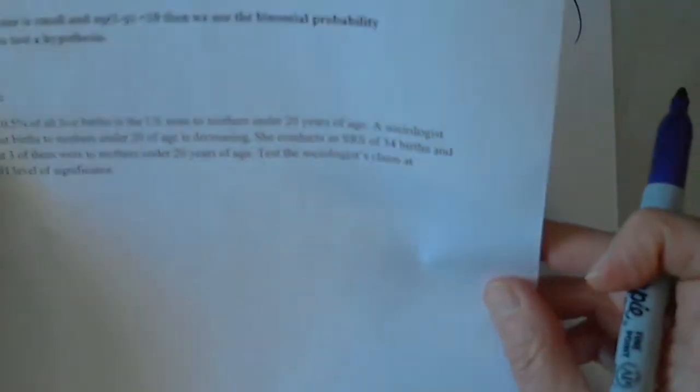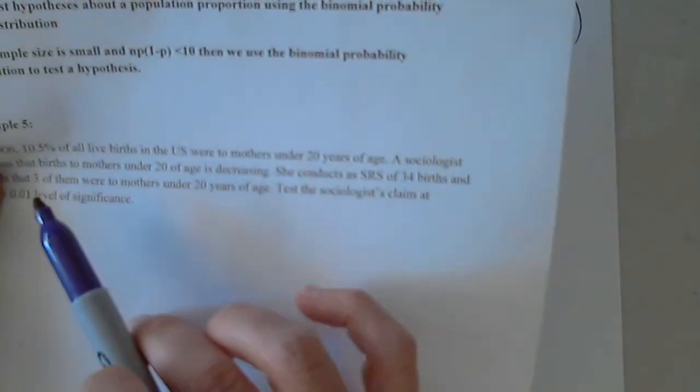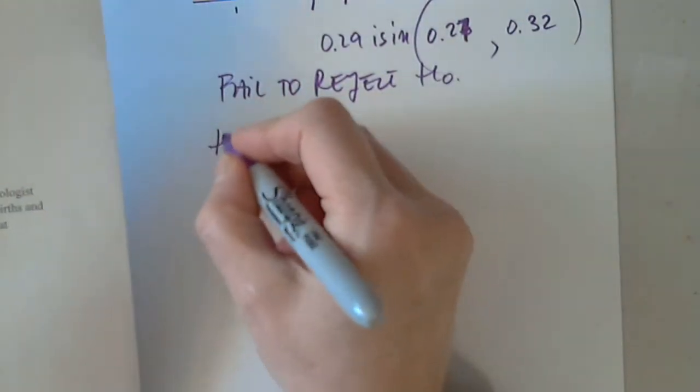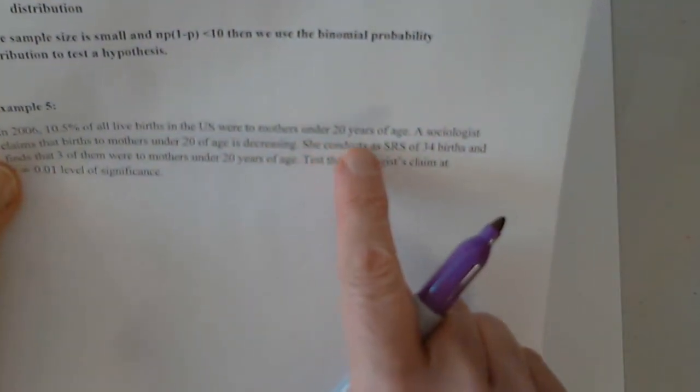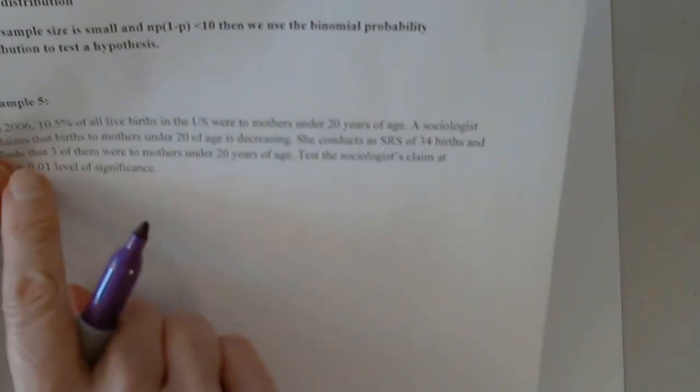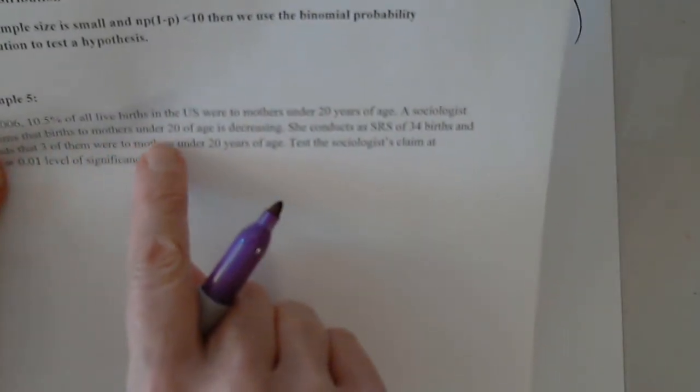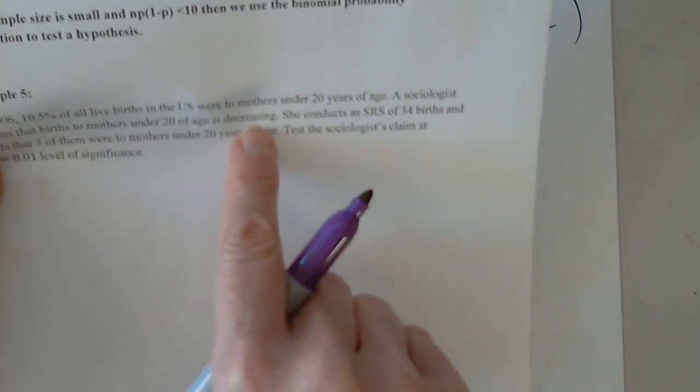Okay? So, page 3, last problem. In 2006, 10.5% of all live births in the US were to mothers under 20 years of age. A sociologist claims that birth to mothers under 20 years of age is decreasing.